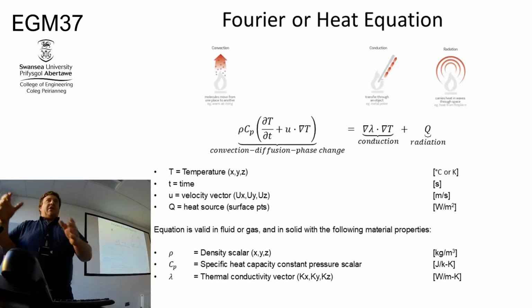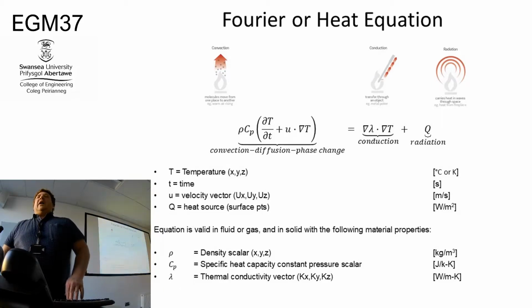That lambda there is the thermal conductivity, and thermal conductivity can be anisotropic, which is why it's still on that side of the gradient term. If we had a constant lambda, this term would be del squared T, the Laplacian of T, so it comes down to quite a simple heat transfer equation.